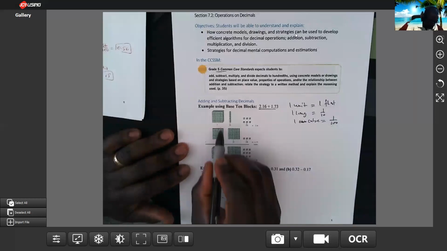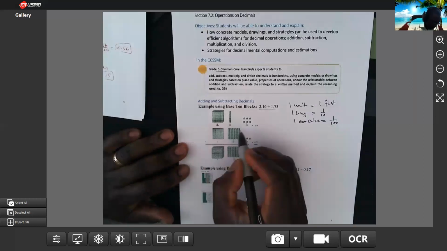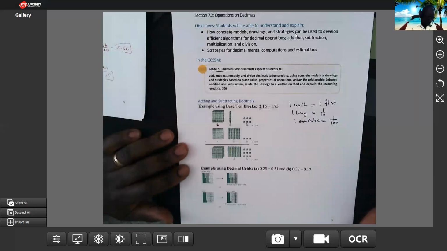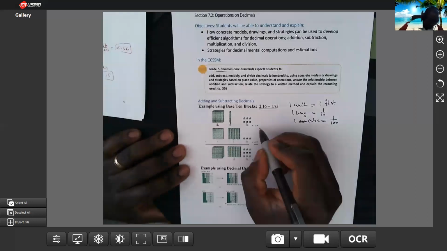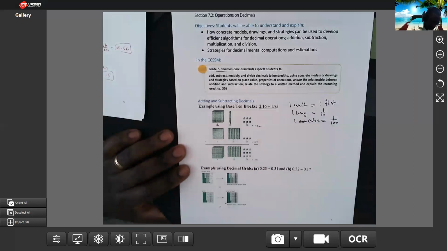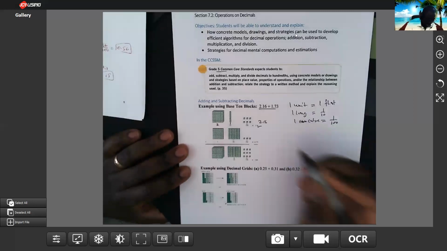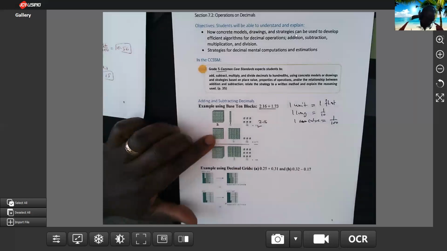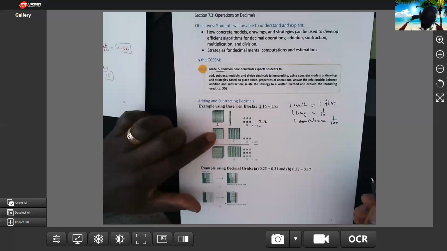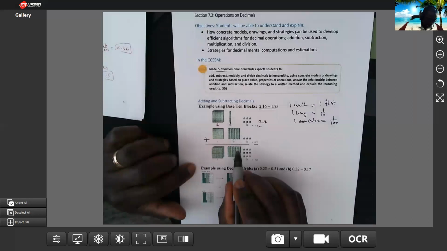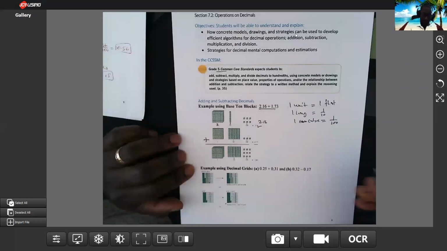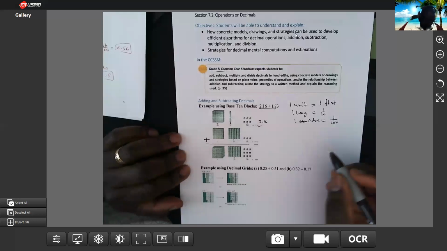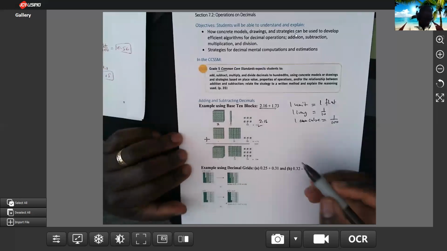That's what we see there: 2, 1 of 1/10, and 6 of the cubes, giving us 2.16. And the other one, 1.73, will be 1 flat, 7 longs, and 3 cubes.